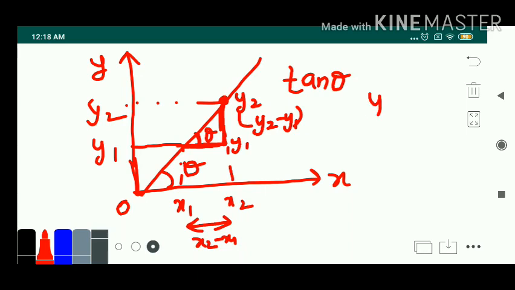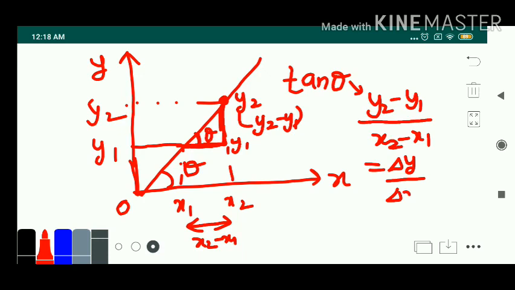So it will be y2 minus y1 divided by x2 minus x1. Please register it, guys. Or I can write it as delta y, change in y position divided by change in x position. Very easy. This is something which you have learned even in the ninth class.